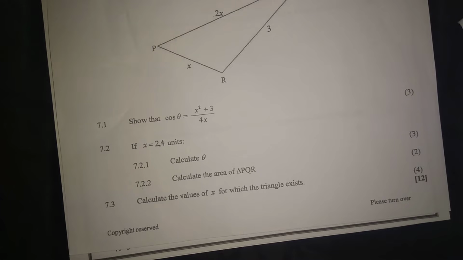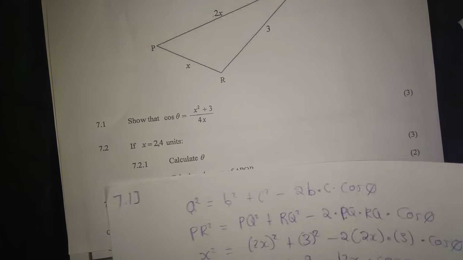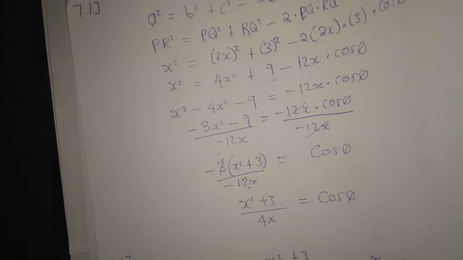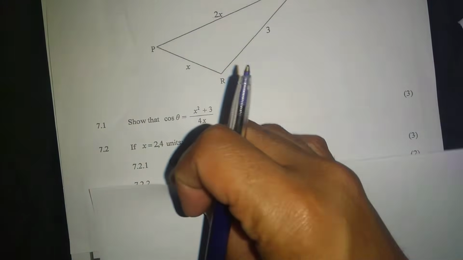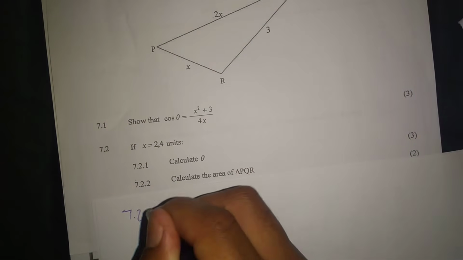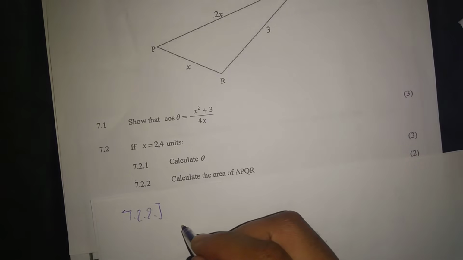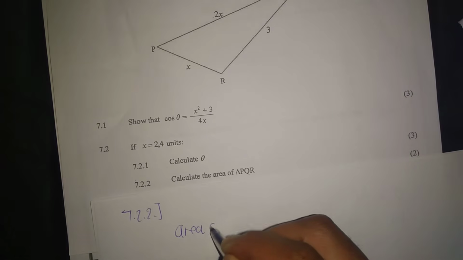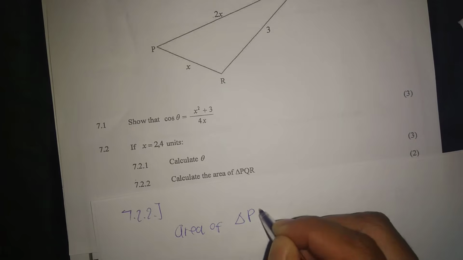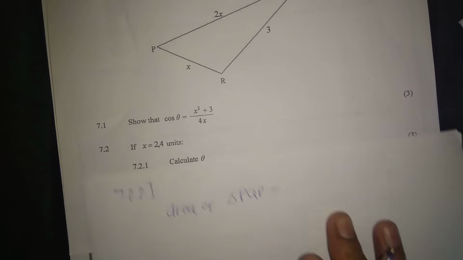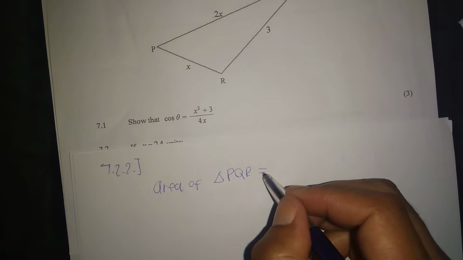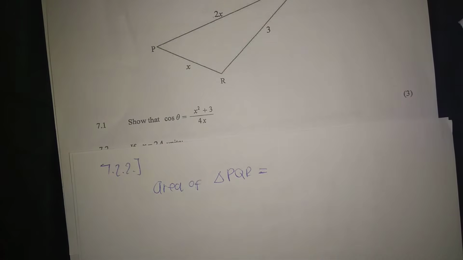Okay. 7.2.2, calculate the area of PQR. So we need to calculate the area for this triangle. The area is calculated this way. 7.2.2 area of triangle PQR. We apply the area rule for this triangle.